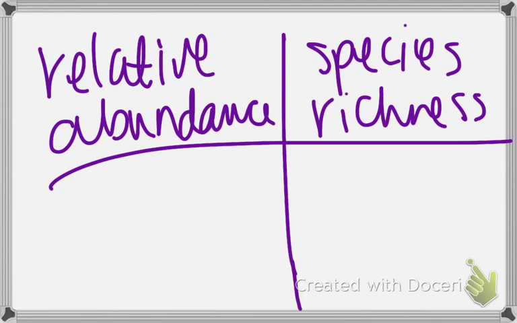Relative abundance. Is that the number of each different species? Or is it just the different number of species? Is it the number of individuals within each species? Or is it just the overall different number of species? What is it?